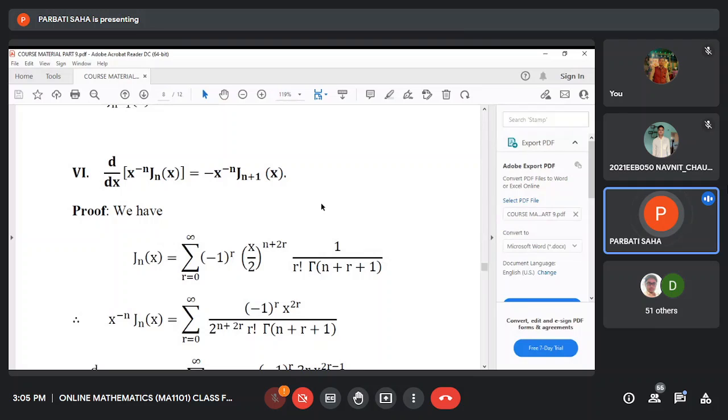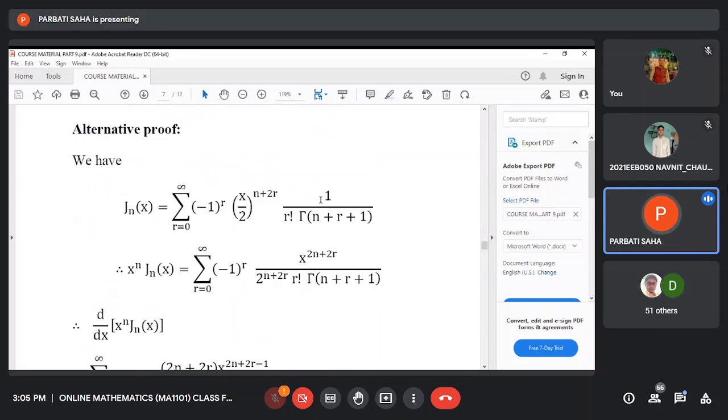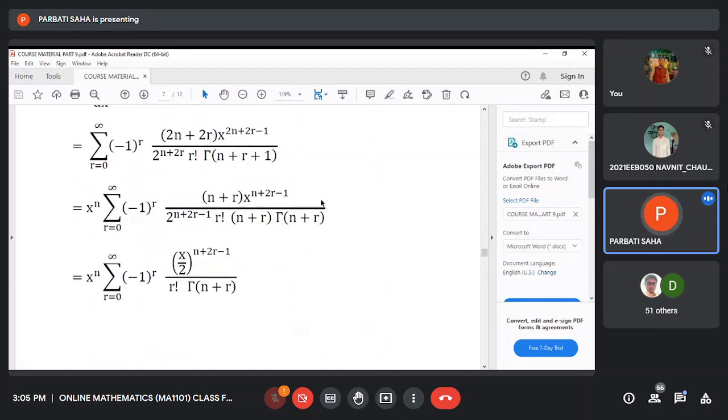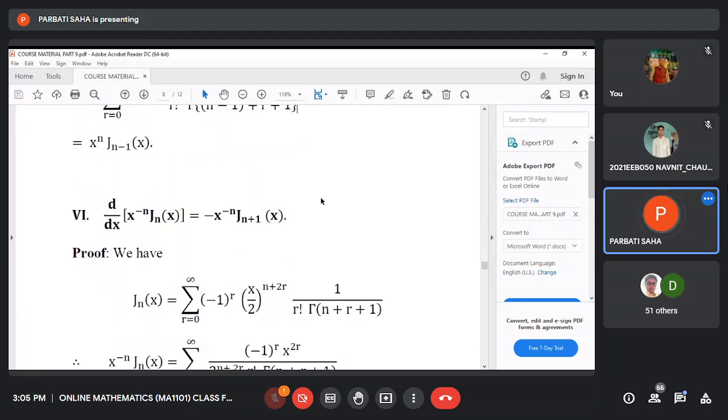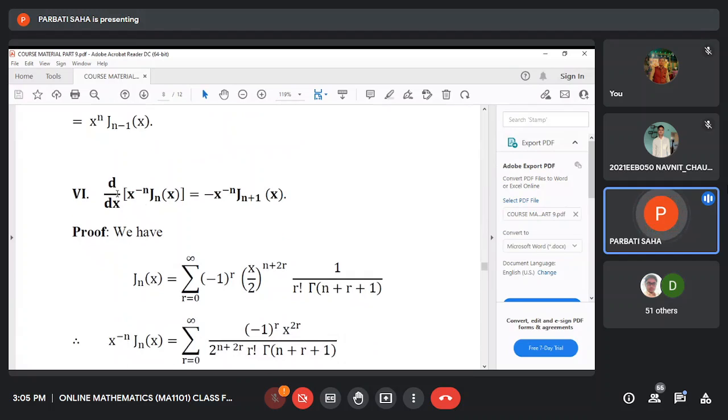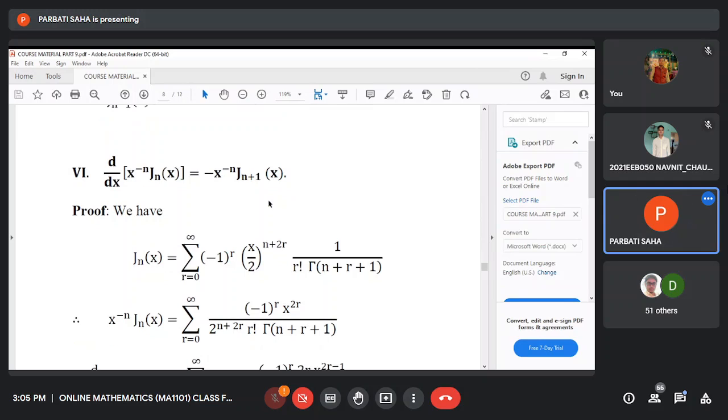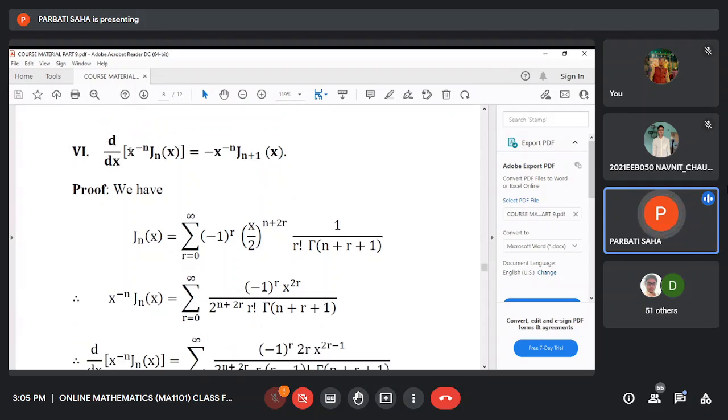Another relation you have to prove. I think I have told these things. Yes, alternative proof is done. Now you see this: d/dx of x to the power minus n j n x equals to this. First of all, you write j n x equals to this. And then you have to multiply j n x by x to the power minus n.